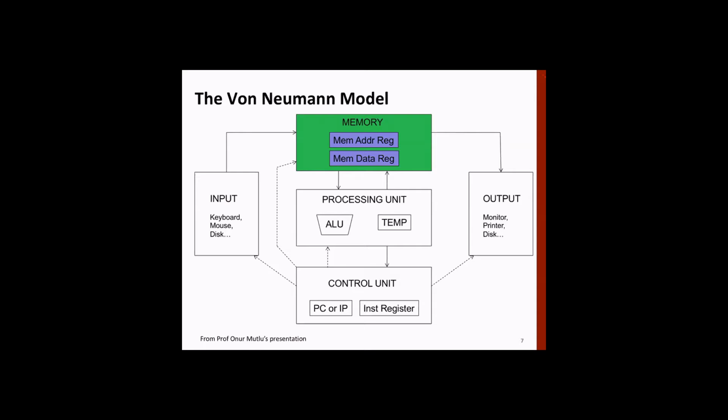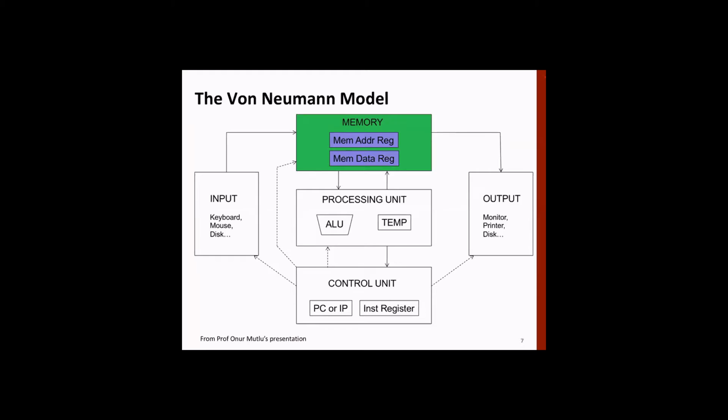Again, memory is an array of storage elements where values can be stored and read. Two registers are shown here: the memory address register and the memory data register. We'll look at these now.